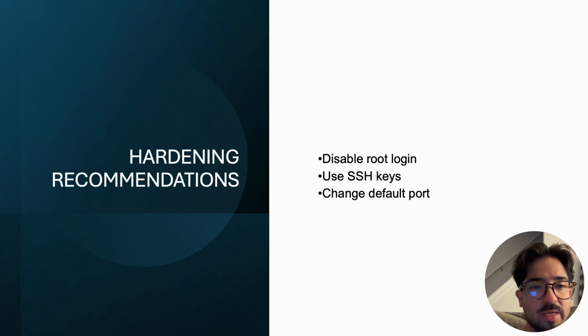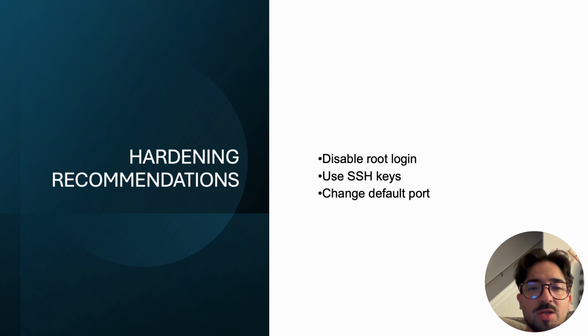The second one is using SSH key authentication instead of passwords, which greatly increases security. SSH keys are much more difficult to guess and to crack compared to passwords, and they provide a more secure way to authenticate users.